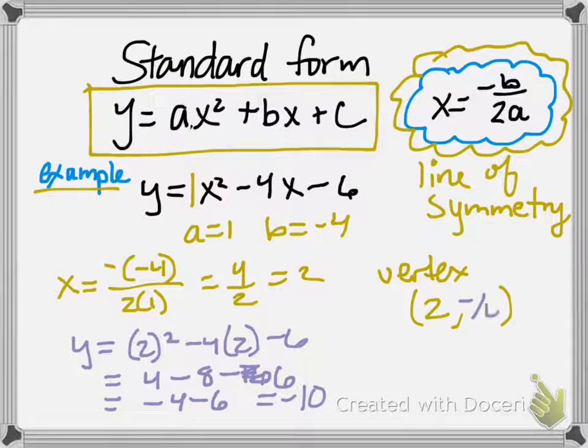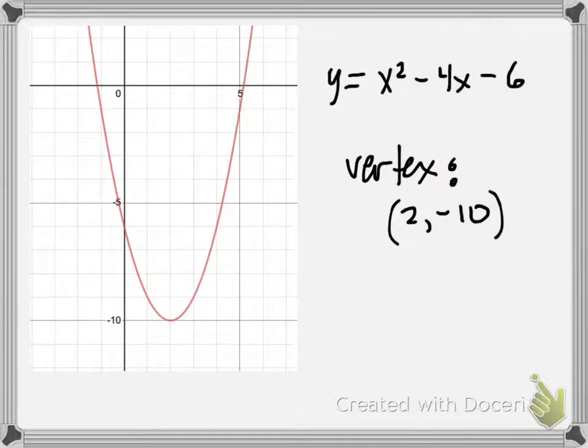So if we graph this quadratic, we should see that its vertex is at (2, -10). Here's a graph of that function, and sure enough, we have the vertex at (2, -10). So that's finding the vertex using negative b over 2a with the standard form.